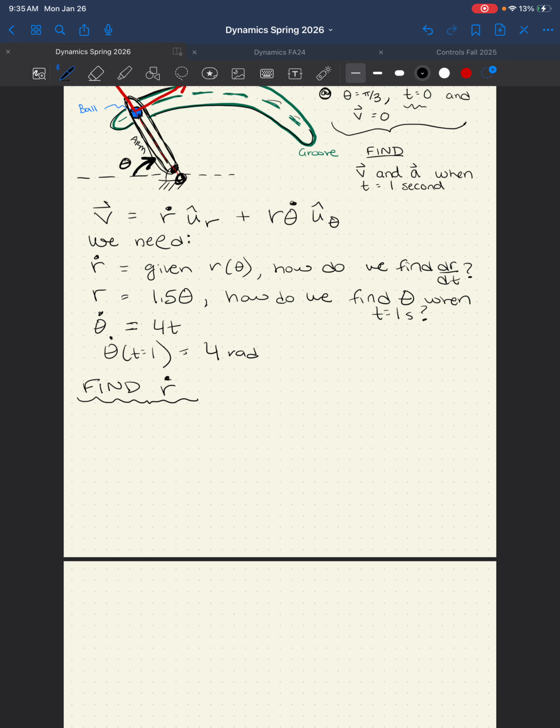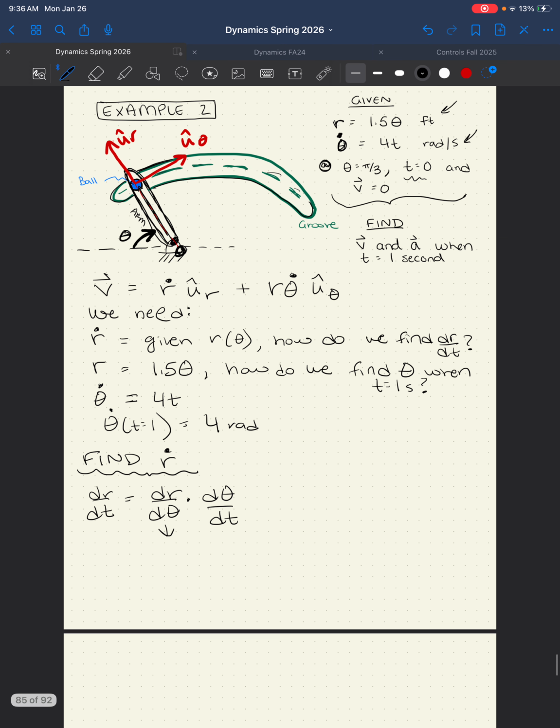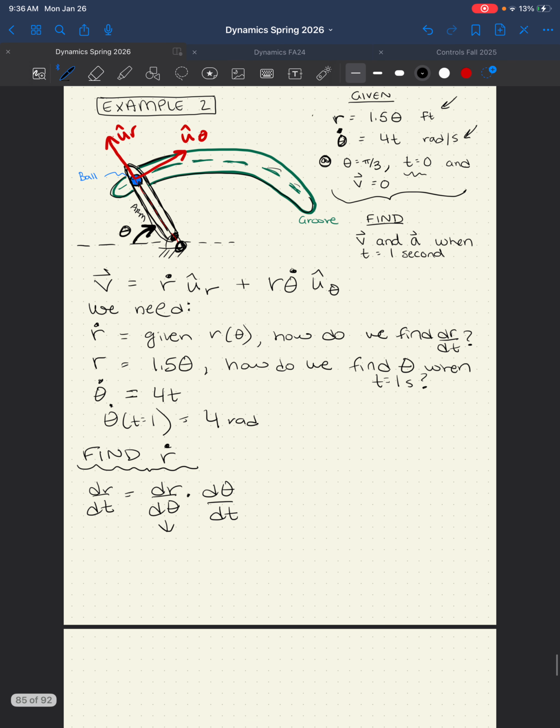We need dr dt, but we're given r as a function of theta. So this is equal to dr d theta times d theta dt. So what is the derivative of r with respect to theta? Well, r is 1.5 theta, so the derivative is just 1.5.